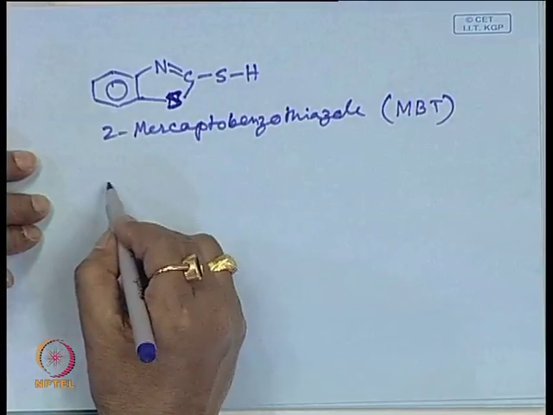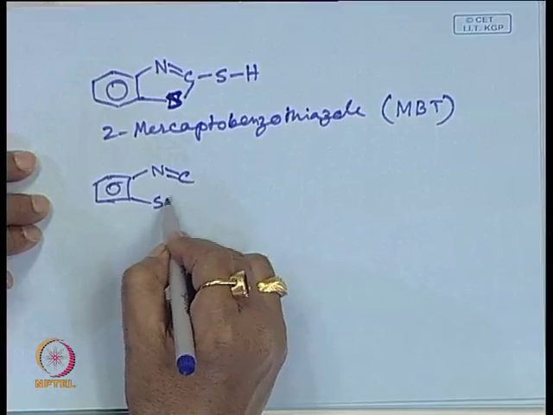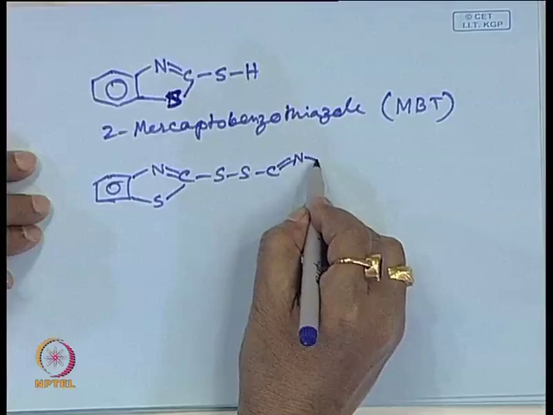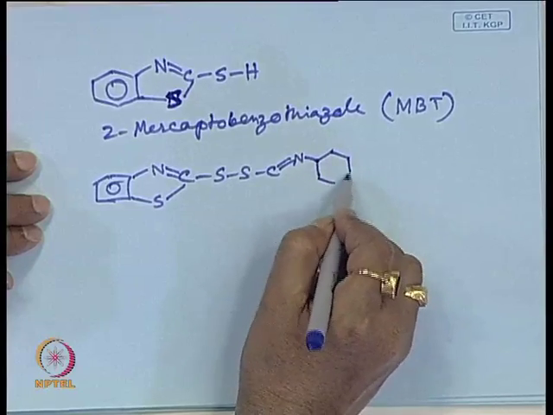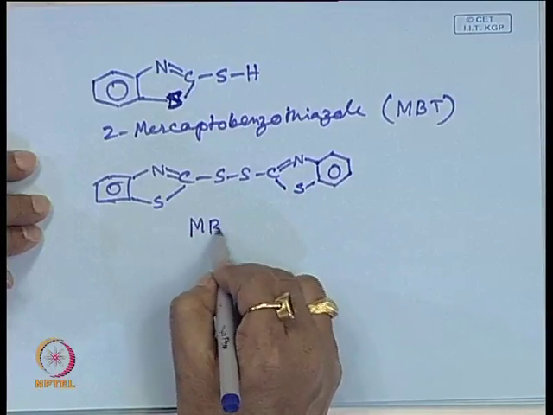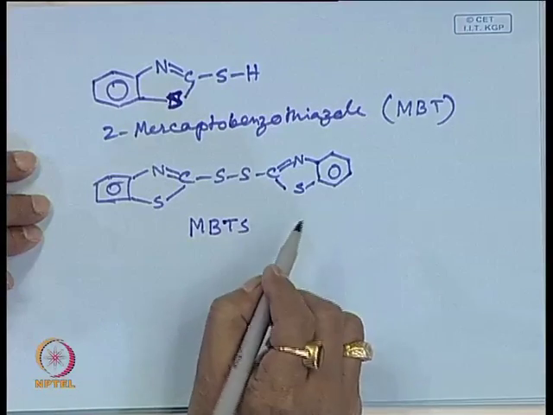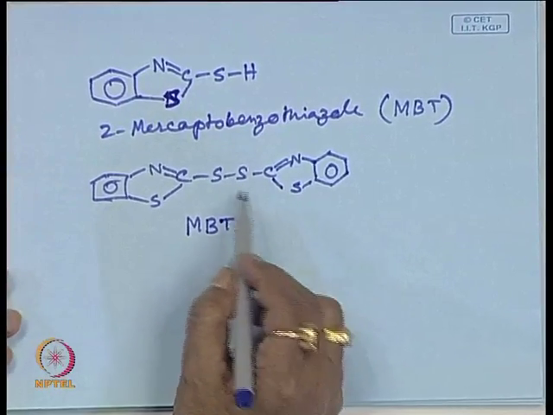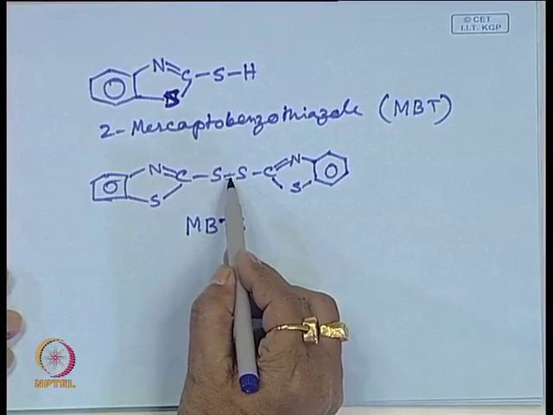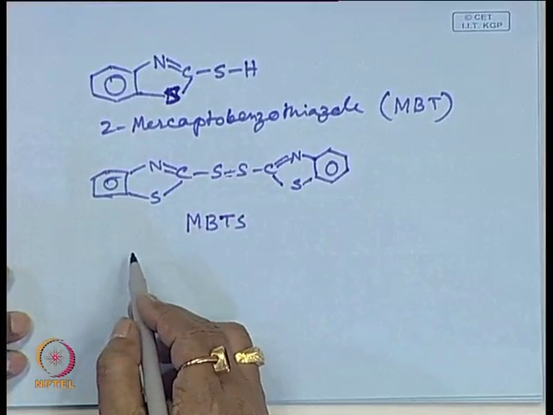Similarly, its disulfide is also available: 2-mercaptobenzothiazyl disulfide, MBTS. Similarly, its zinc salt is available, where zinc comes in between the two sulfurs. Sulfonamides, say CBS.